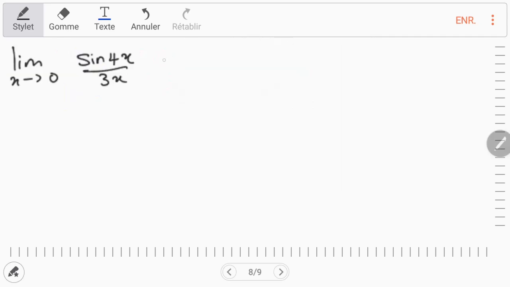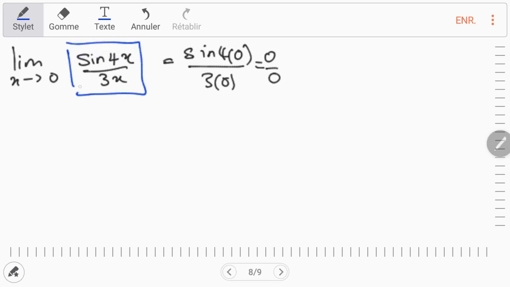Here, if we solve directly by substituting x, we are going to obtain sine 4 into 0 all over 3 into 0, which is 0 over 0, indeterminate. But we can simplify sine 4x over 3x into sine 4x all over 3x times 4 all over 4 because of this 4.